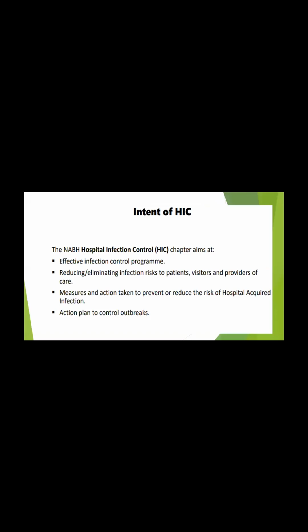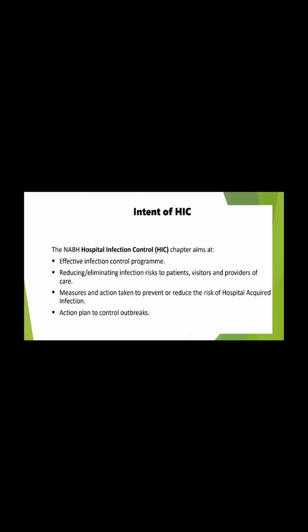An effective infection control program: reduce infection risk to patients, visitors, and providers of care, measures and actions taken to prevent this risk, and an action plan to control all the outbreaks. There can be a lot of outbreaks. What is your action plan? What are you all going to do?